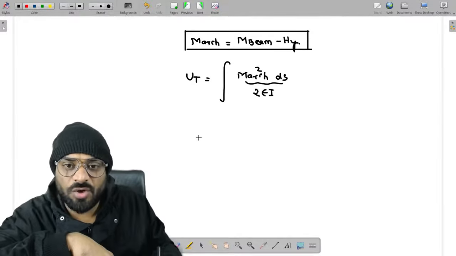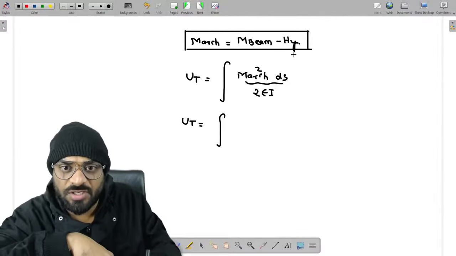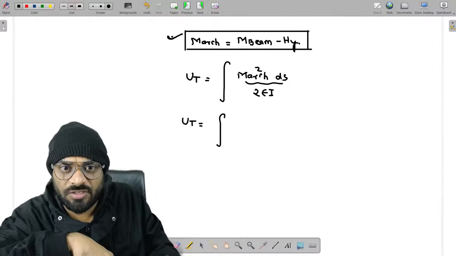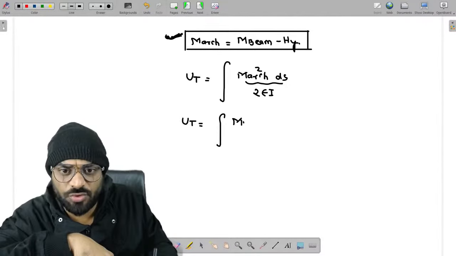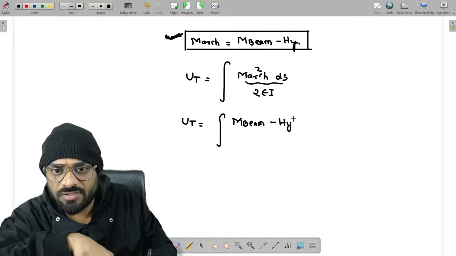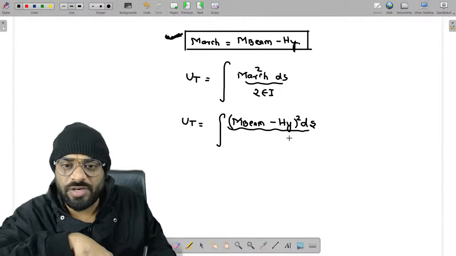Correct? Now you have to write down the value of M arch in the equation. How many of you do not know this equation? Please write down in the chat box. I will explain this. Otherwise, we'll continue. Okay, please write down, guys, if you don't know how this equation came actually. If you don't know, then I will write it down. Otherwise, I will continue. Integration M beam minus Hy whole square ds upon 2EI.